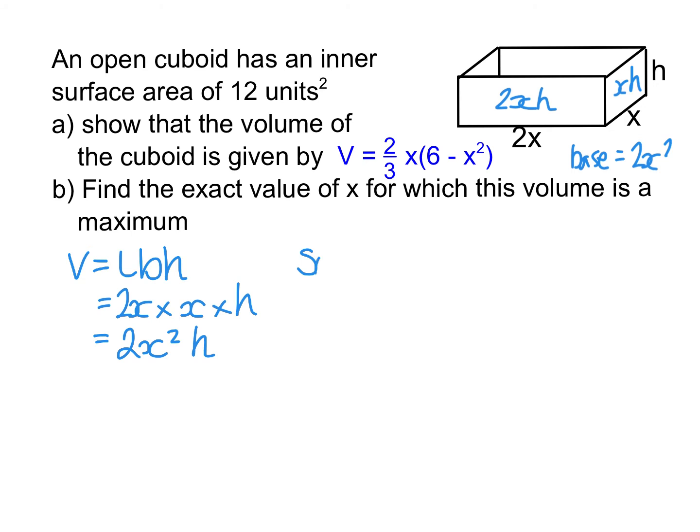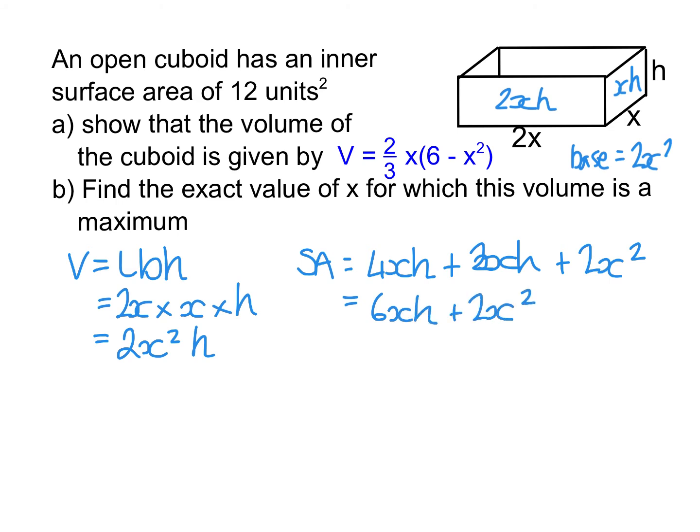So our surface area: the front and the back match, so you've got 2xh doubled, so 4xh, plus the two sides match, so xh plus another xh, so 2xh. And then your base, which is 2x squared. That can tidy up to 6xh plus 2x squared.